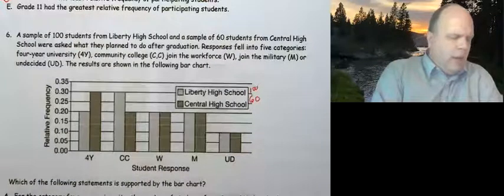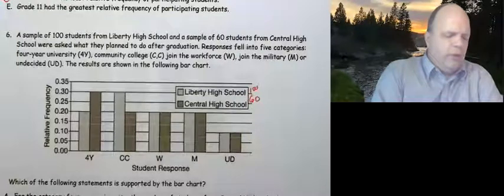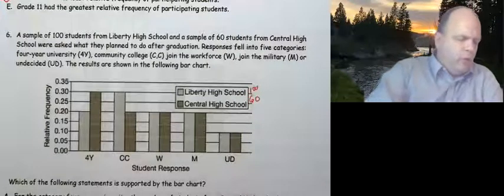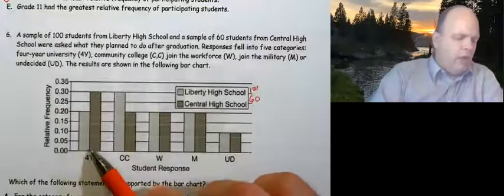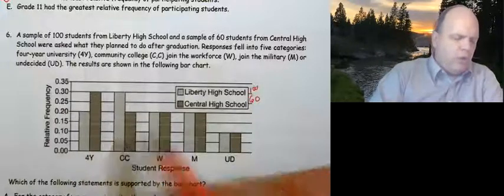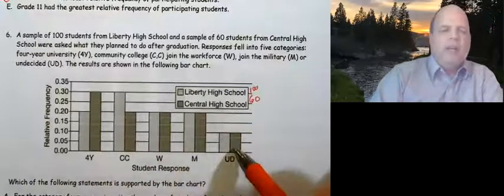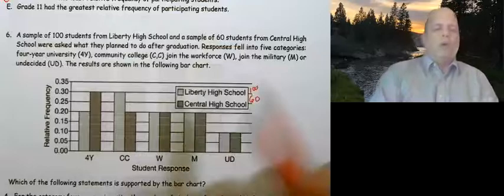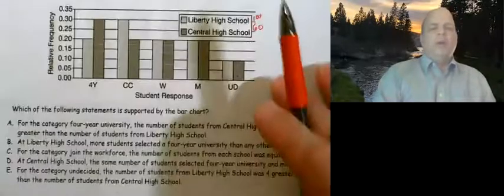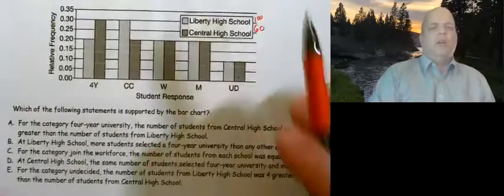All right. We're asked what they plan to do after graduation. Responses fell into 5 categories: four-year university, community college, join the workforce, join the military, or undecided. Which of the following is supported by the bar chart? And I'm going to do the best I can to get this information on the table.